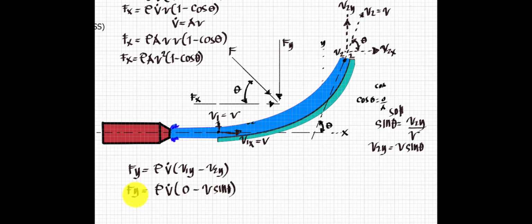Okay, so since that is 0, we can say this is f of y, so that will be your density, volume flow rate, then multiplied by velocity v sine of theta. So take note that we disregard yung negative sign because we don't have the change in velocity component, so wala tayong change in velocity at the y component.